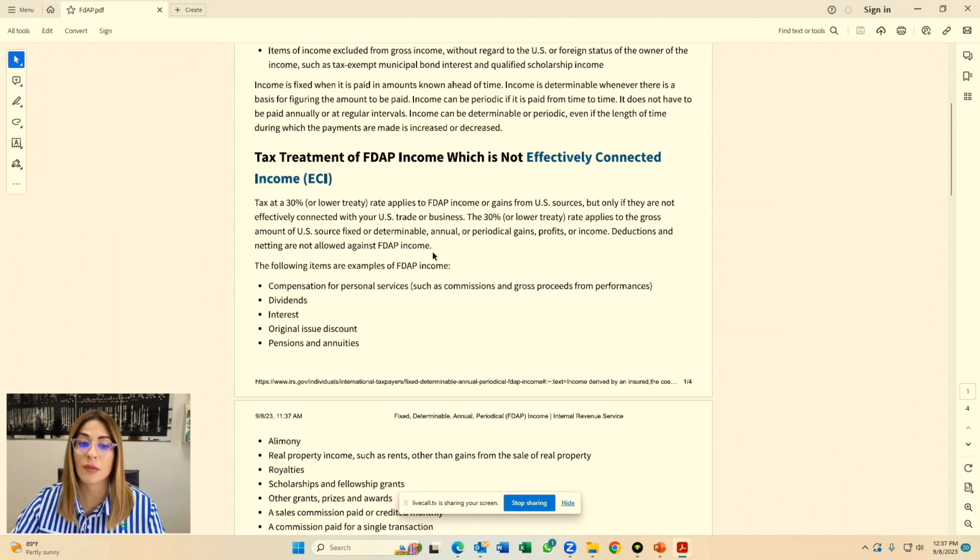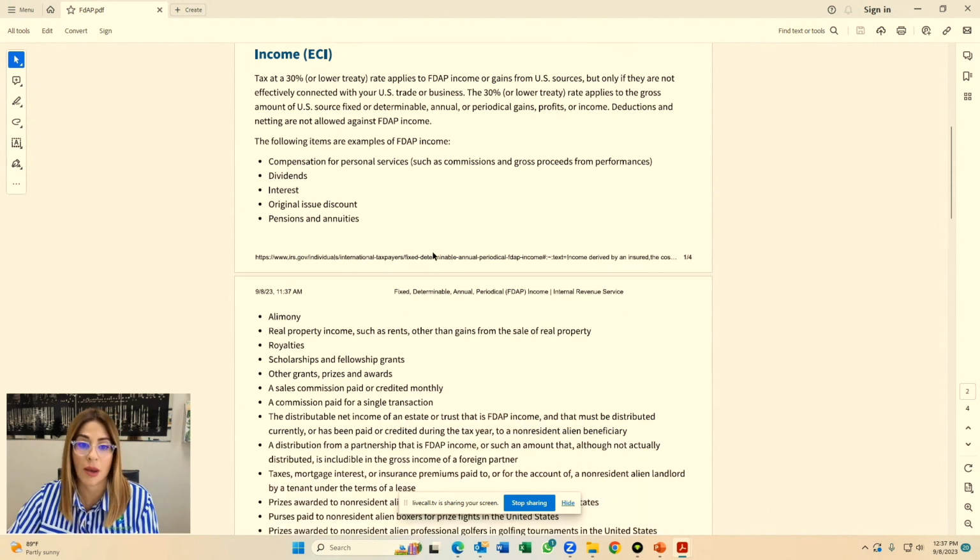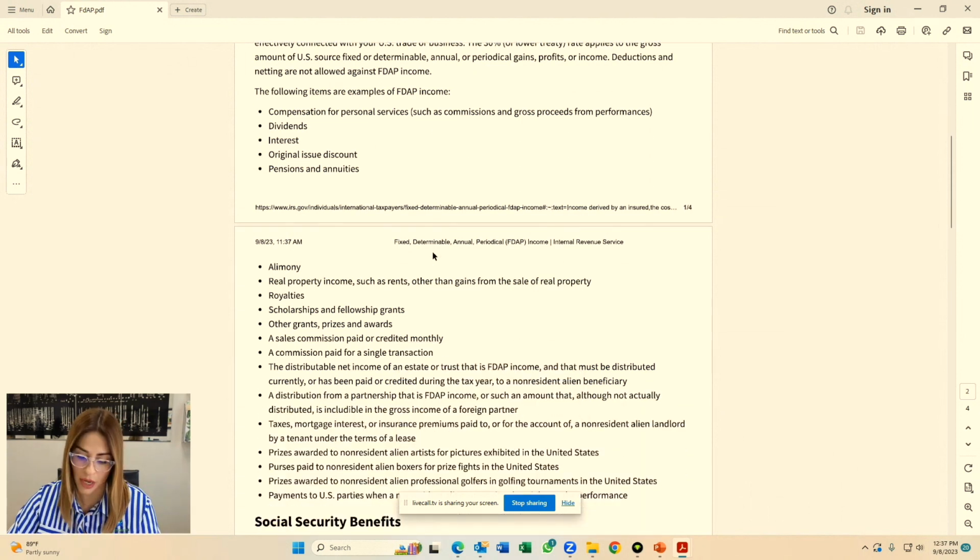All right. So let's look at some examples, and I'm going to touch upon the more common ones. The whole list is included, but the more common ones are if you get compensation, if you get commissions, or you're paid for your time working for a company and you are a non-resident alien, that's supposed to be taxed at 30%. And actually, the company that's paying you is supposed to withhold it. So it's not even that they give you all of the money and then when you do your taxes, you pay 30%.